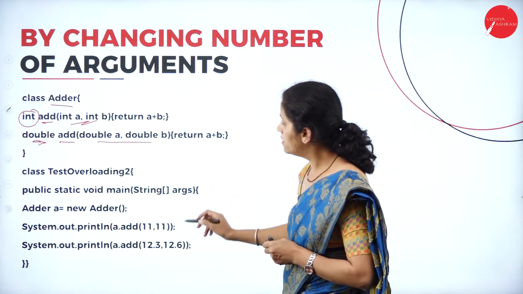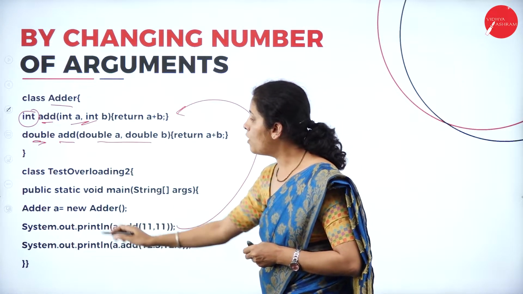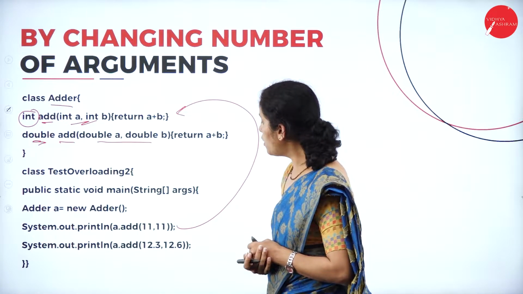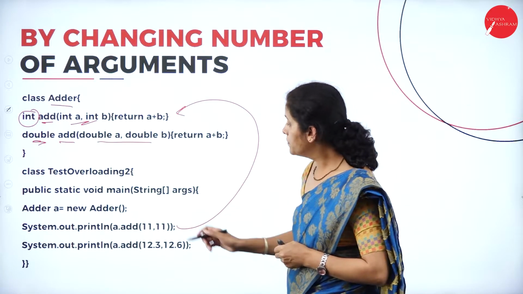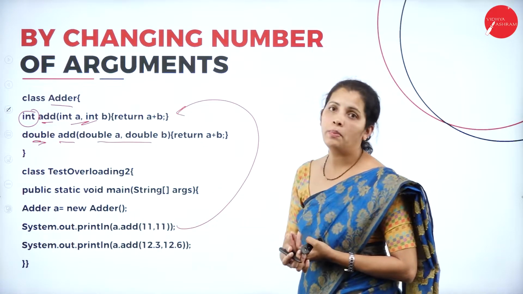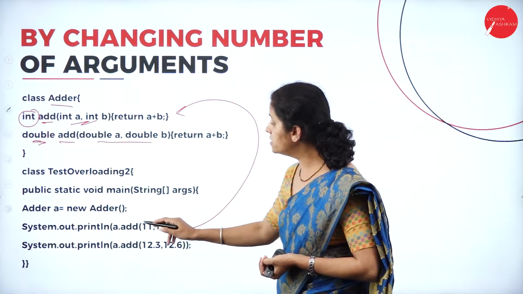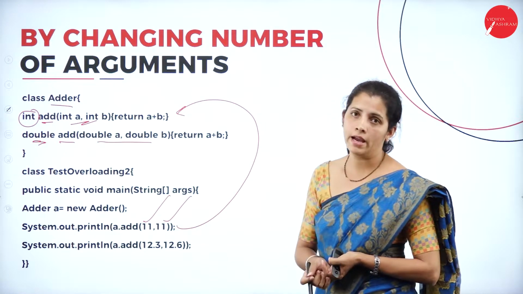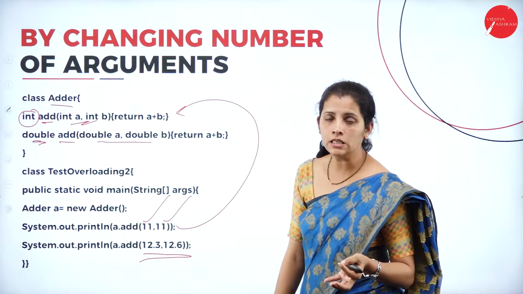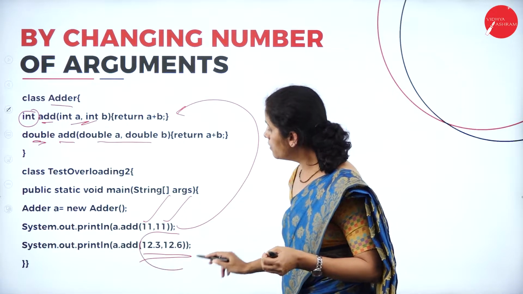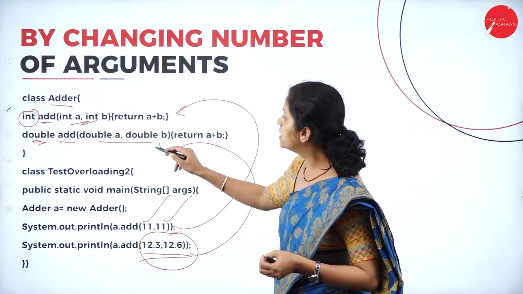Now see here, I'm going to pass the arguments with the help of object a, and I'm going to call this function. And what values am I going to pass? Whole numbers, that is the integers 11 as well as 11. And if I consider the second method, here I'm passing a floating point value and it is received by double.